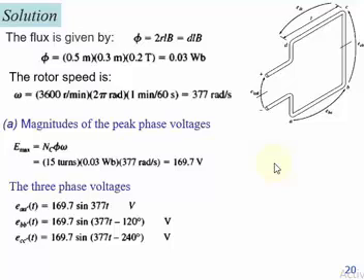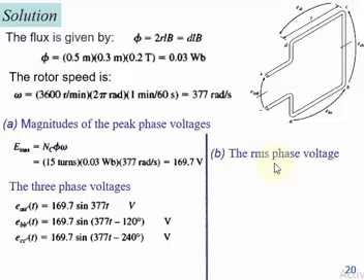The difference is only in the phase. In AA bar the phase is 0 degrees, in BB bar the phase difference is 120 degrees, and if we compare with AA bar, the CC bar would have a 240 degree phase difference.